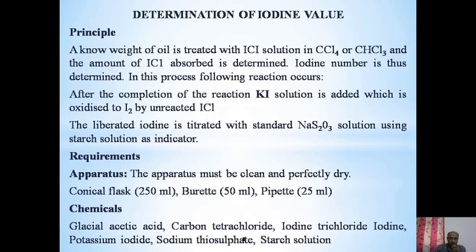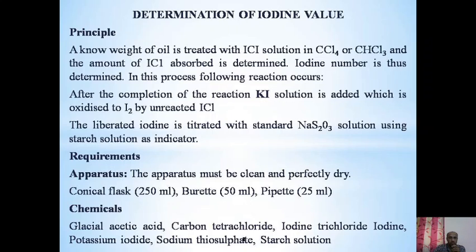This titration method requires some chemicals as well as some apparatus. First we will see the apparatus. Whatever apparatus is required for this titration should be clean as well as perfectly dry. Otherwise, the result may contain some error, and we won't get an exact or accurate result.